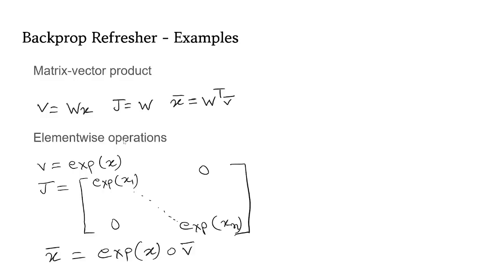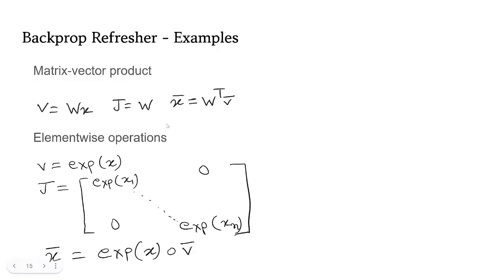Let's look at another example where we are doing element-wise exponentiation. I apply the exponent to each element of x, resulting in a vector v. In this case, the Jacobian looks like this. It's a diagonal matrix, because this is an element-wise operation.